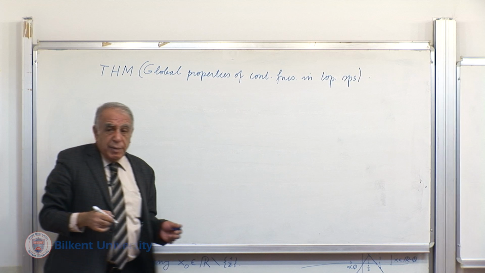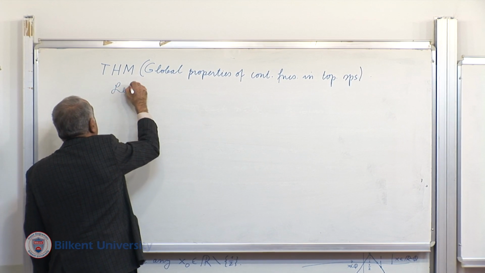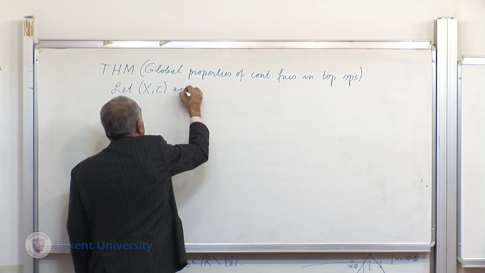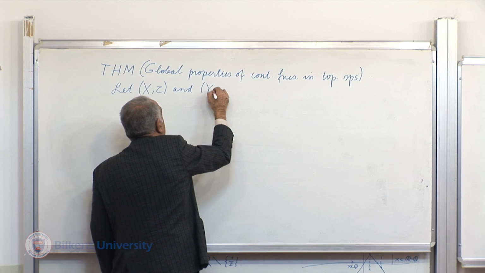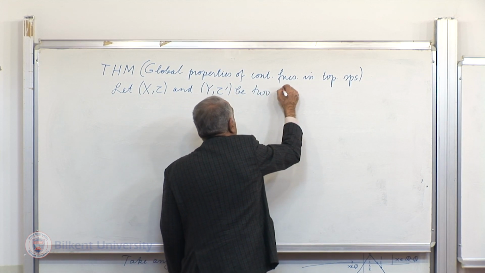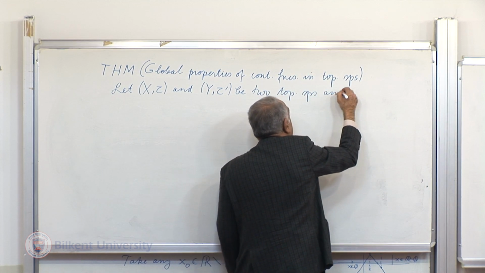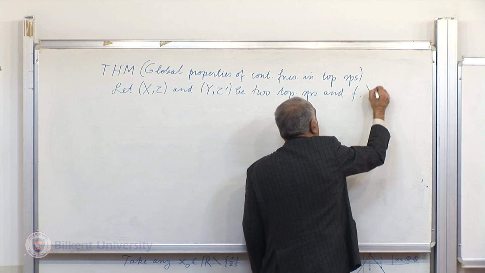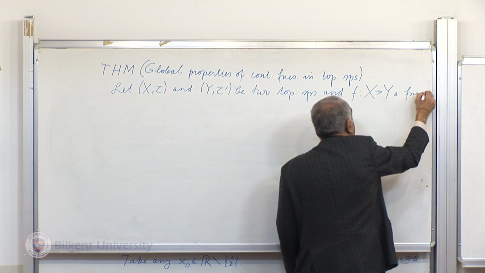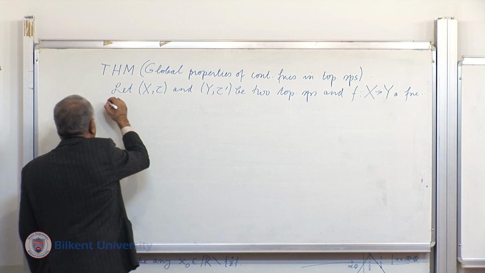Now, well, then we need two topological spaces first. Let (X, tau) and (Y, tau prime) be two topological spaces, and we need a function f from X to Y. Now the following are equivalent.